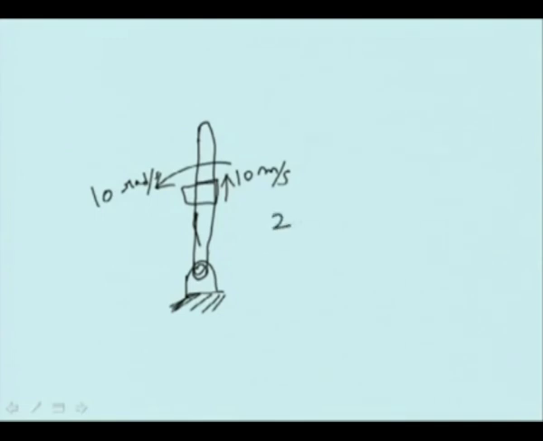The Coriolis acceleration is 2 omega cross v, and in this case the magnitude will be 2 omega v. That is 2 times 10 times 10, which equals 200 meter per second square. The direction of this Coriolis acceleration is in this direction.